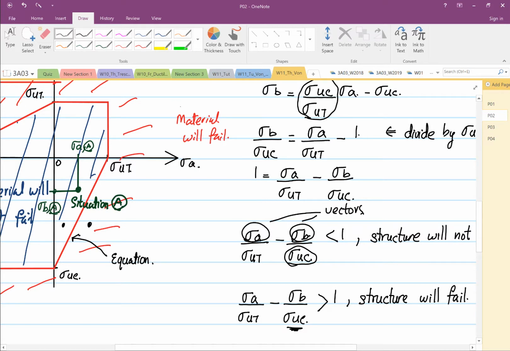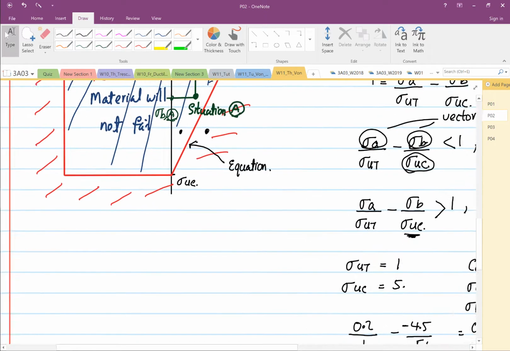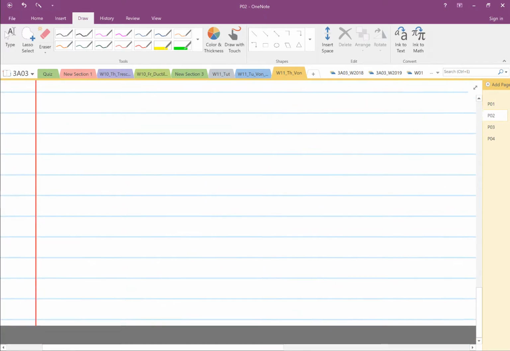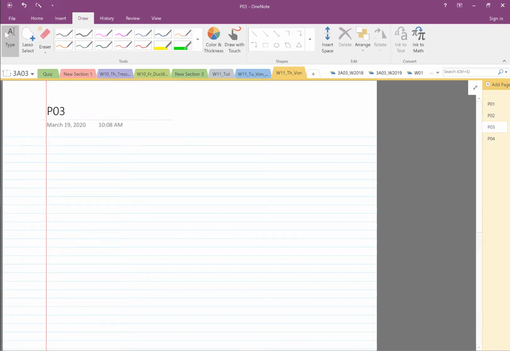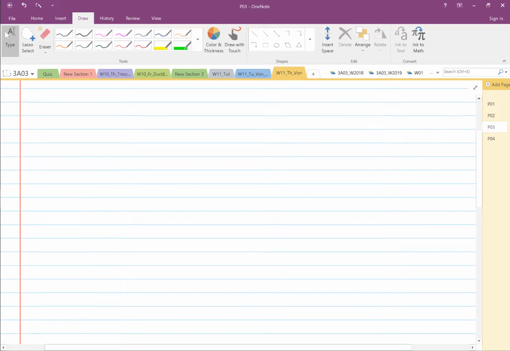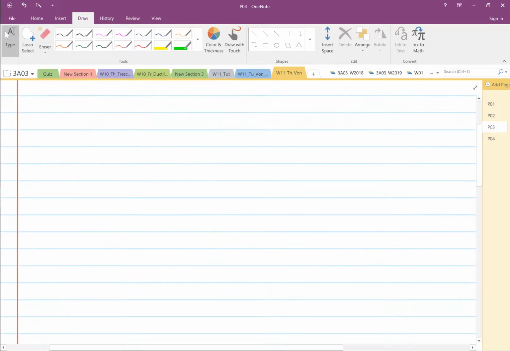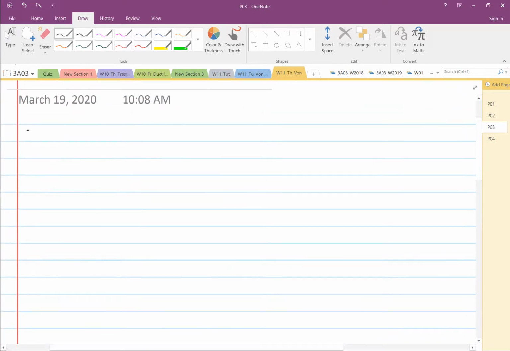So we are going to look at one example. We're going to use the simplified Mohr circle.